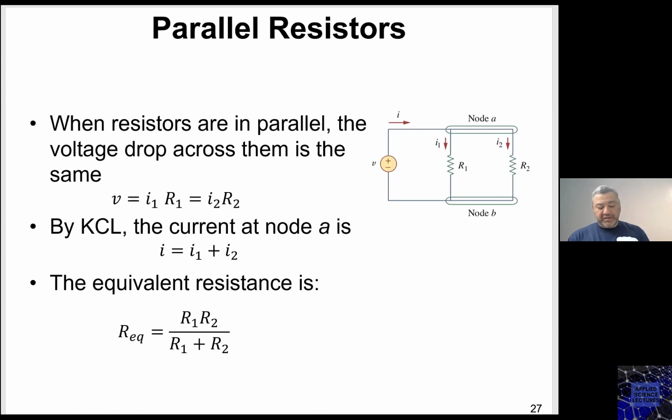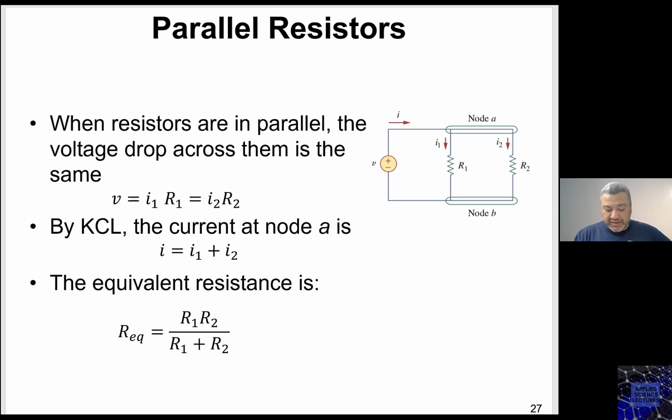So the parallel resistors, we've talked about them, and we have seen that resistors that are sharing both terminals and have the same voltage drop across create resistors that are in parallel. So the current is not the same.